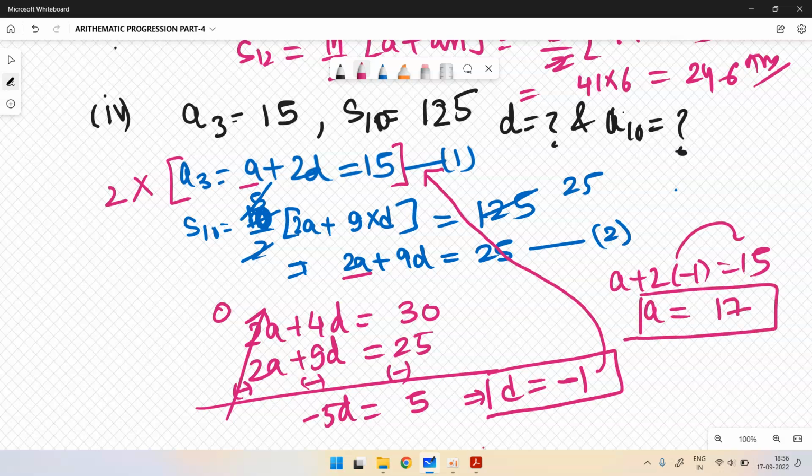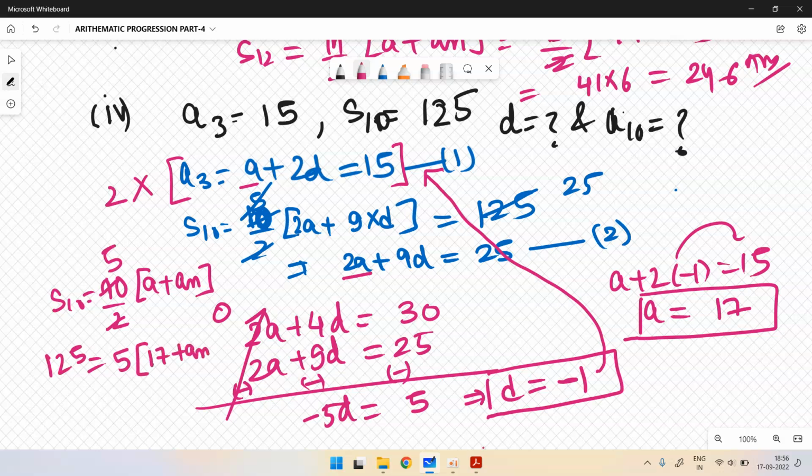Now directly jumping to the formula S10. So S10 is 10 by 2 into a plus nth term. And the value of S10 is 125. So 5 into a, which I have calculated to be 17, plus an, you need to calculate. Yes, an is nothing but A10.